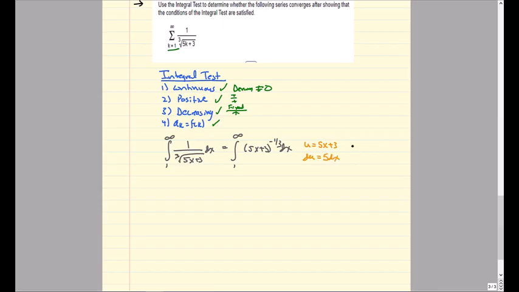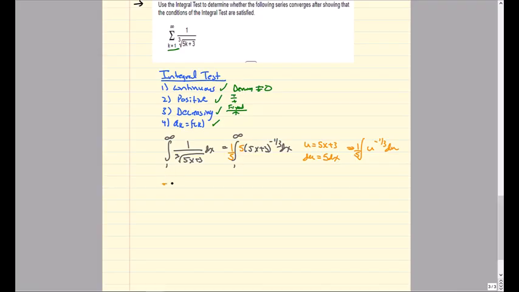So when I rewrite this, this would be u to the negative 1/3 du. But in order to get that, I needed to multiply by 5 on the inside and compensate with a 1/5 on the outside. So I'm going to drop my limits of integration on this one. Last time I just changed them, but this one I'll drop.